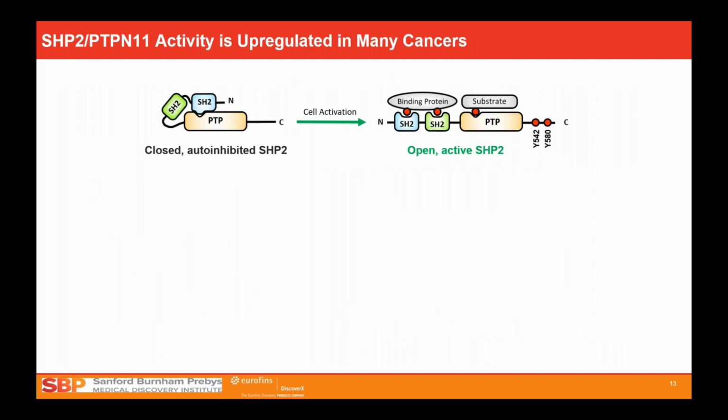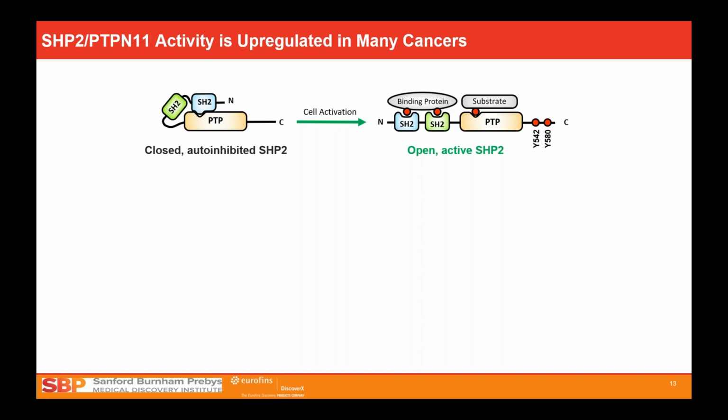So SHP2 is an interesting protein. I'm going to tell you about its function from a functional standpoint. SHP2 is comprised of 3 domains. From the N-terminus, there are 2 tandem SH2 domains, and then there is a catalytic domain, the so-called PTP domain.